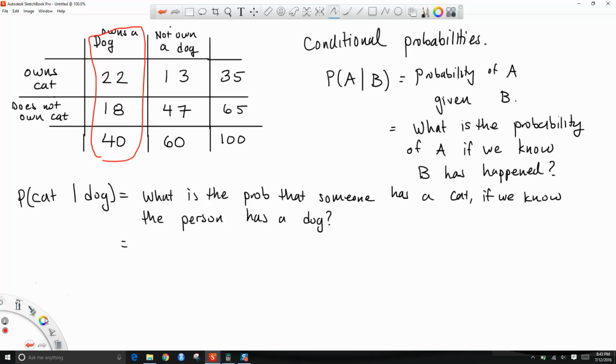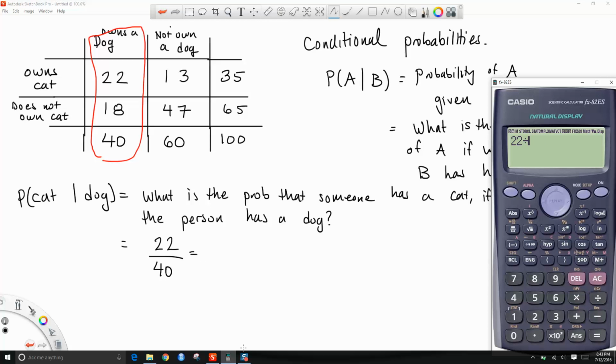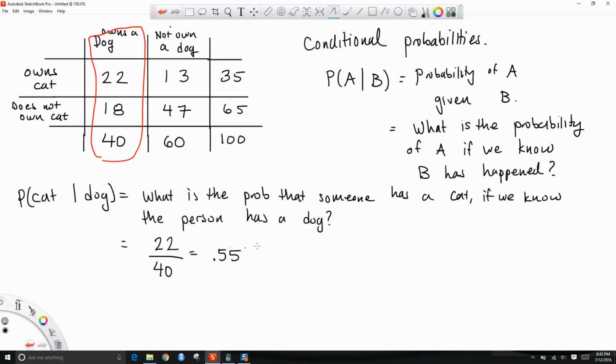So now, looking at just the people who own a dog, the probability that someone has a cat is going to be 22 out of 40, which is 0.55. Okay. So if we know someone has a dog, the probability that this person has a cat is going to be 22 out of 40. Is that okay?